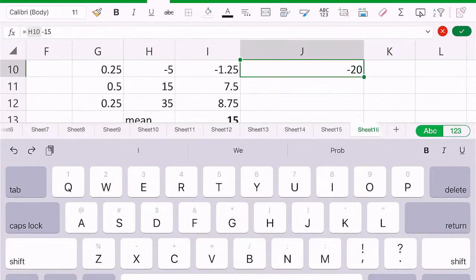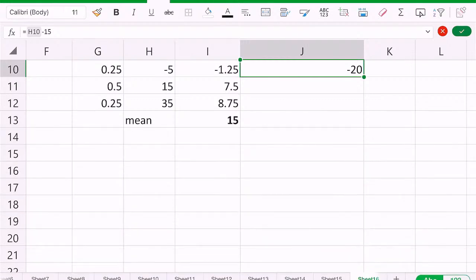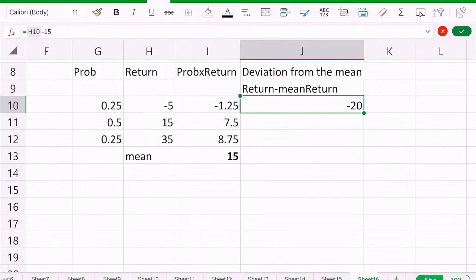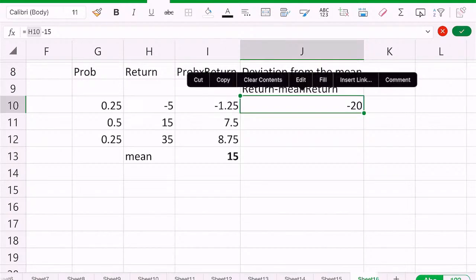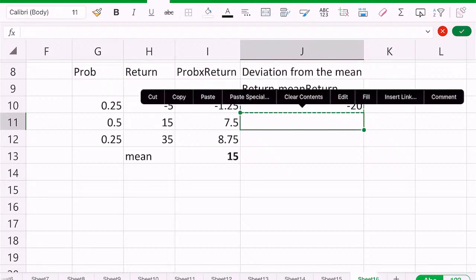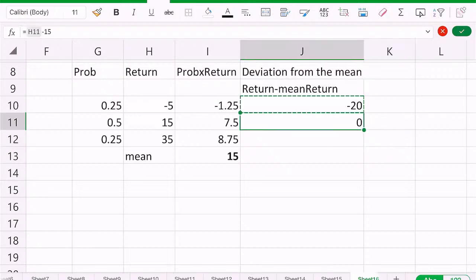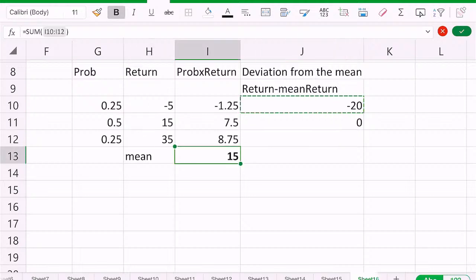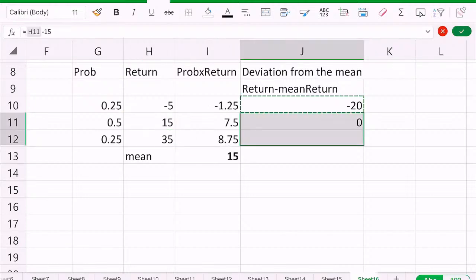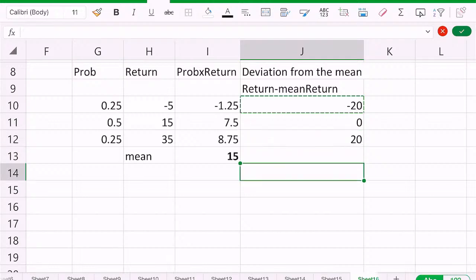It worked, okay. So that's the deviation from the mean, and then I want to copy that all the way down. So 15 is no different from the mean, so the deviation is 0. And then 35 is 20 more than the mean. So that's the deviation from the mean.